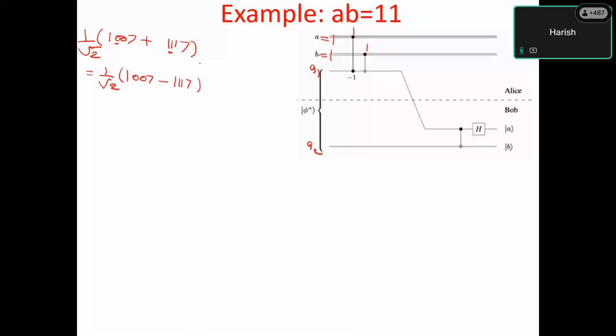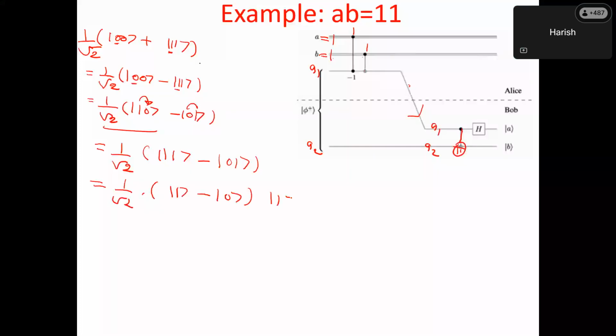Since this is control 1, it will flip the target. Now on this side, this part is your Q1, this part is your Q2.